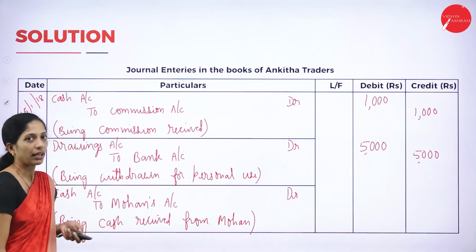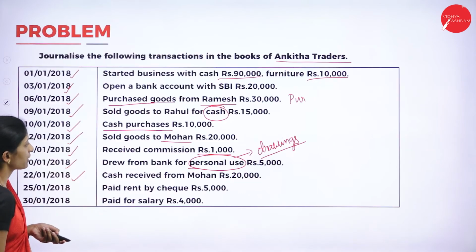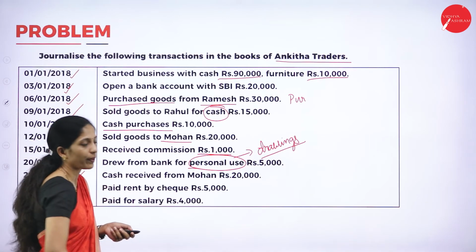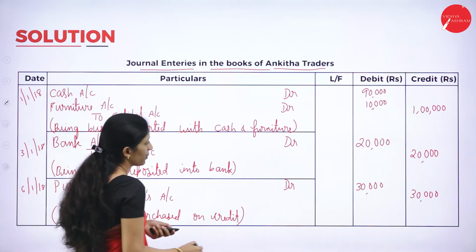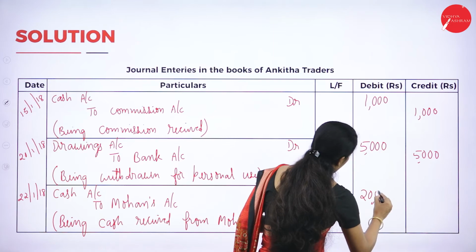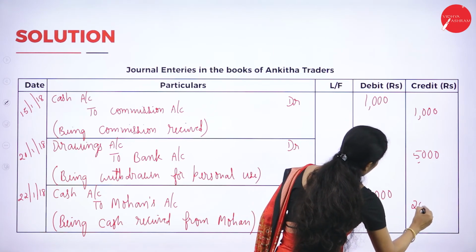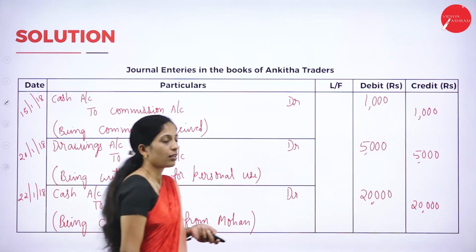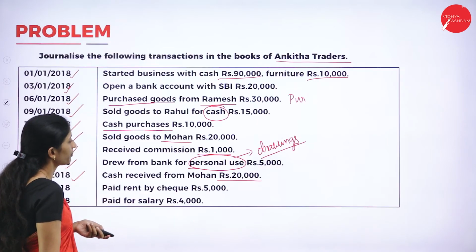Close the bracket. So what is the cash received from Mohan? That is 20,000. So write 20,000 in the debit side and 20,000 in the credit side. Hope you are clear. Next one.